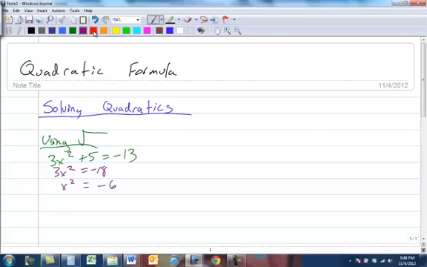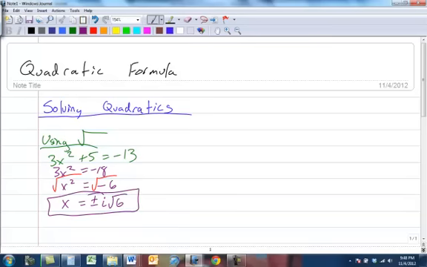Square root both sides. And whenever you use a square root to solve, you have to put plus or minus. Root negative 6, well, this root negative means an i comes out. x is equal to plus or minus i root 6. Those are our 2 solutions there.